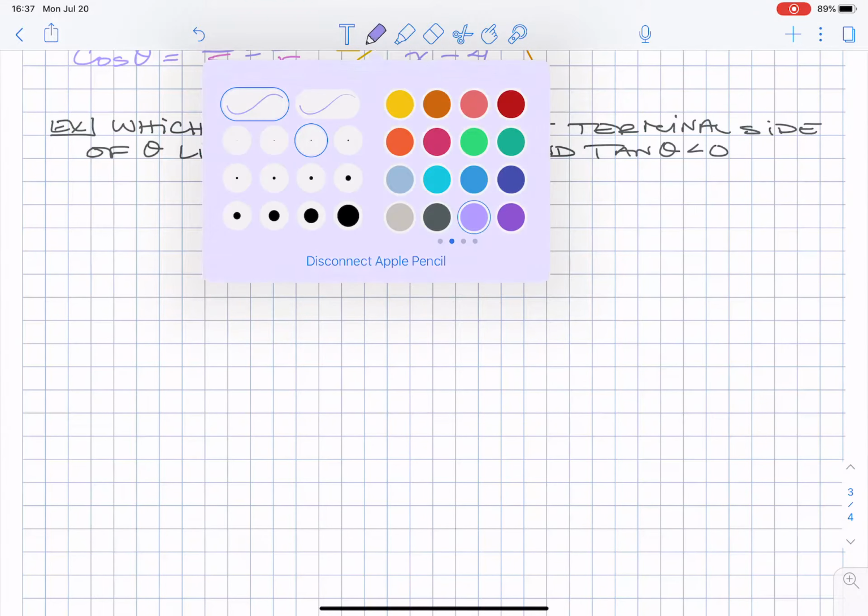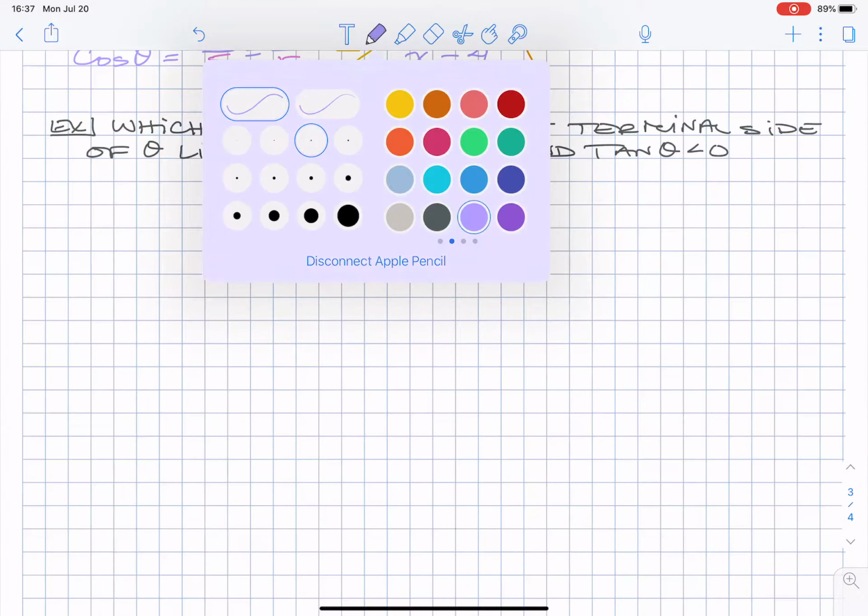So if cosine of theta is less than 0, meaning negative, that implies that x has to be less than 0, meaning x is negative. So we can put a negative sign over it. Okay, tangent, however, tangent of theta is y over x.